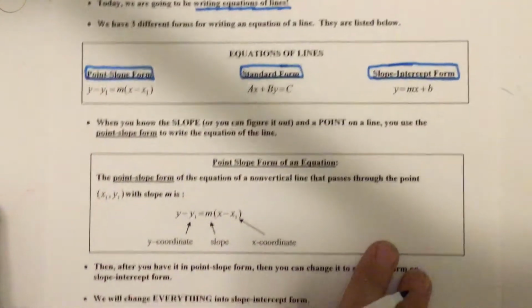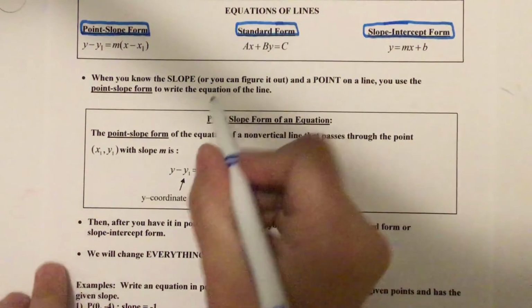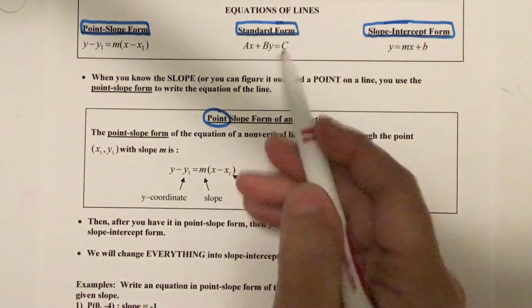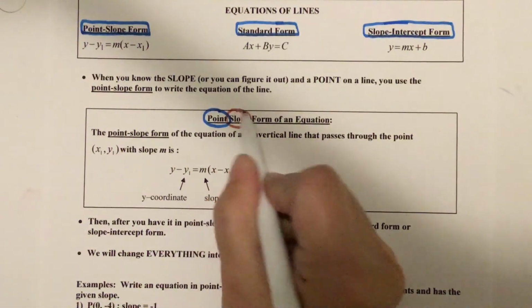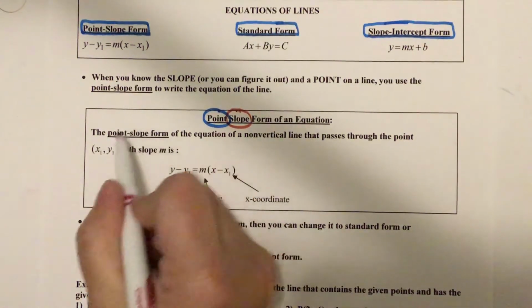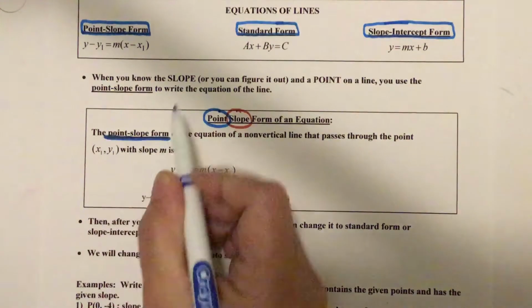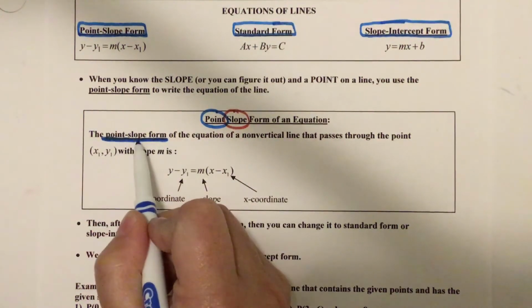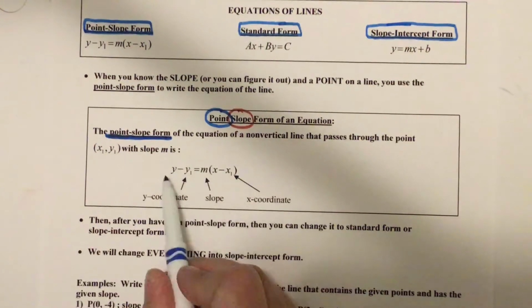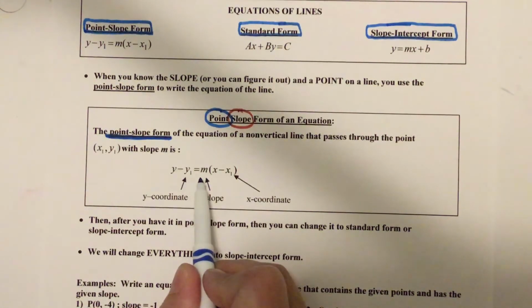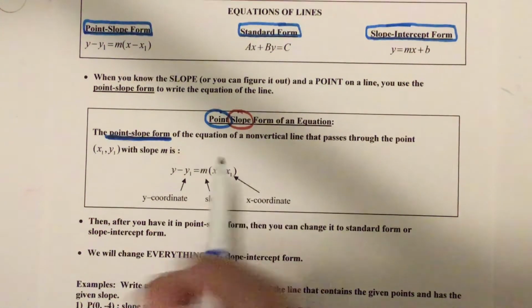Okay, so the name says it all. If you have a point and if you have a slope, you're ready for point slope form, just like the name says. So if we have a point and if we have a slope, we're ready for this equation. And it goes y minus y1 equals m parentheses x minus x1.